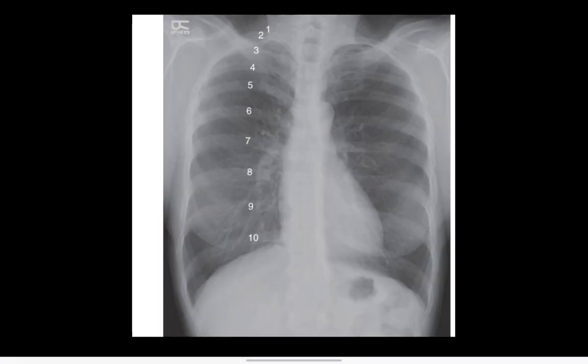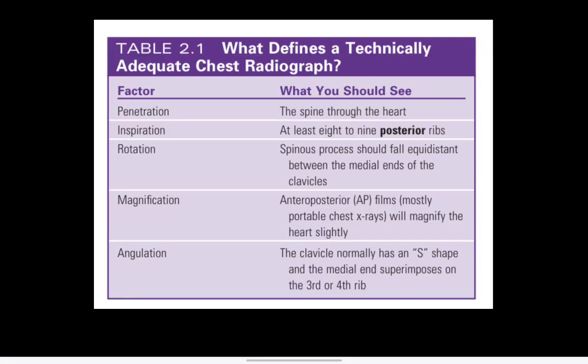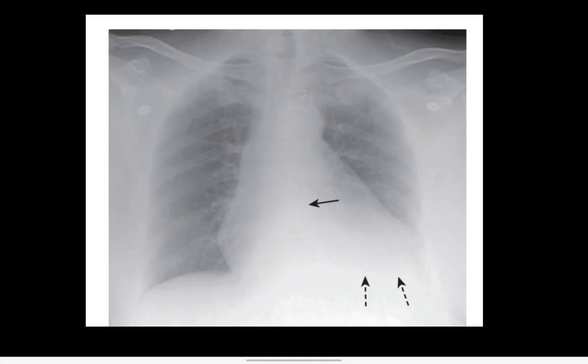So the fourth rib and the third rib are underneath the clavicle bilaterally, and the spinous process of the thoracic vertebra is in the center, equidistant between the two clavicles. This is all regarding the technically adequate chest radiograph definition.